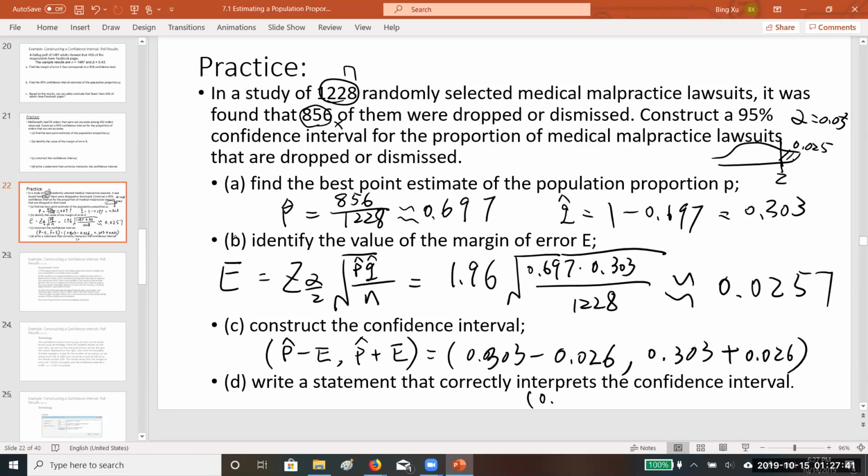Minus, that will be 0.277, and plus, that will be 0.329, this interval.